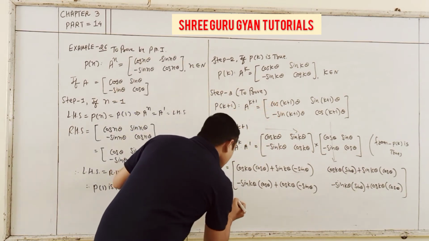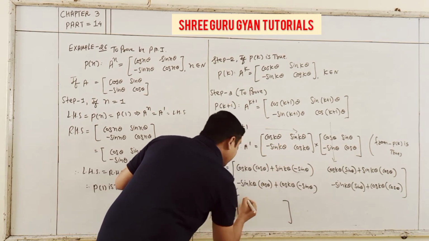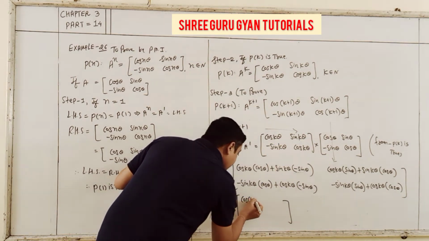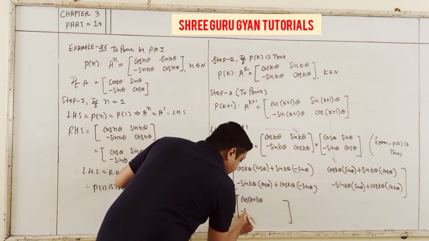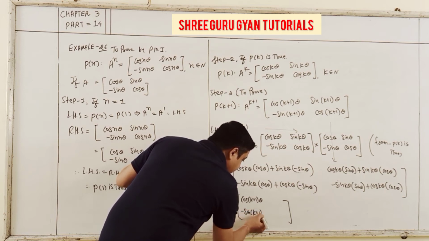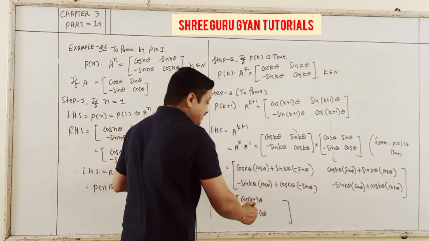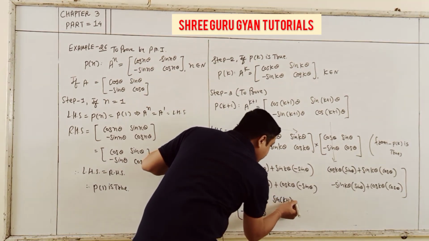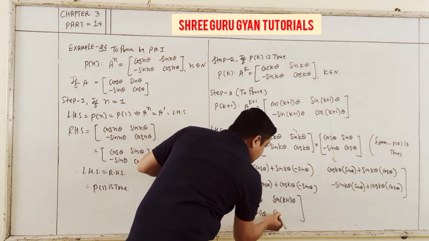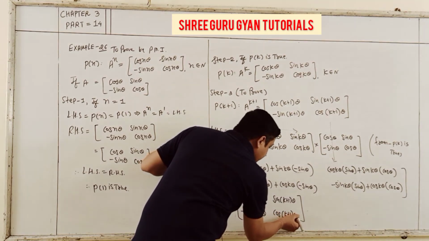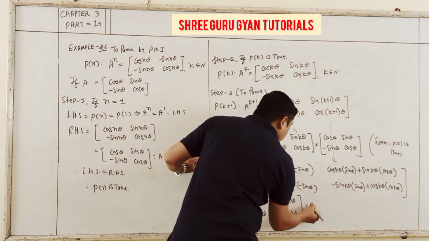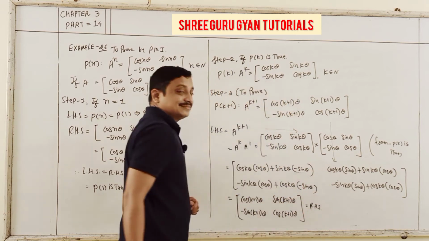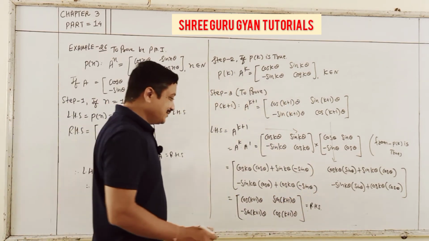So you will write down directly from that cos k plus 1 theta. Next minus sin k plus 1 theta. This answer is same as that. Next sin k plus 1 theta and last cos k plus 1 theta. And that is your, you will show RHS. It means Pk plus 1 is true.